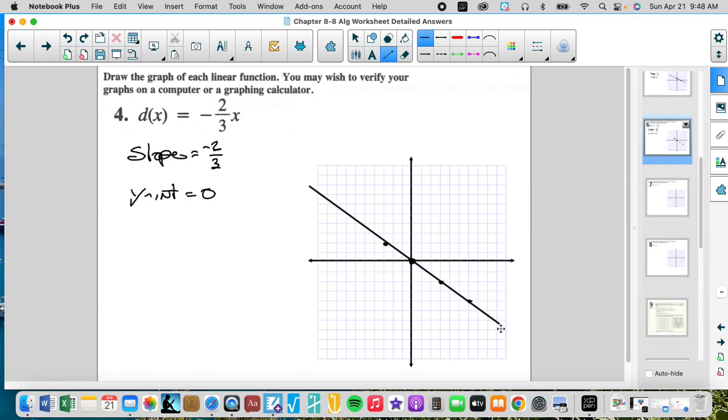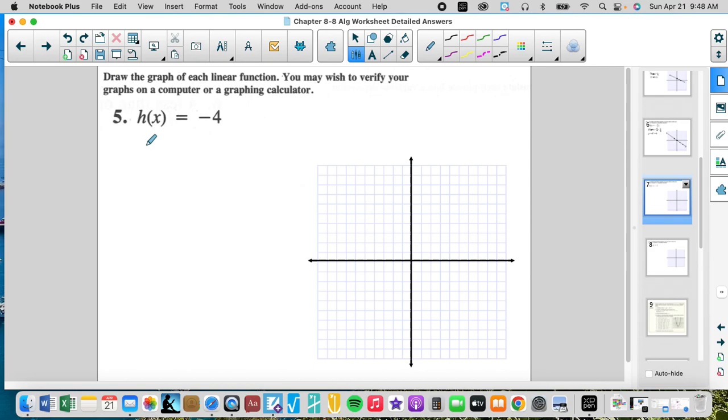It doesn't matter. Both are correct forms. They are equivalent, and that's the important thing for us to know. We know that they are equivalent fractions, so they would be equivalent slopes. That -2/3 is the same as 2 over -3, which is the same as -2/3.